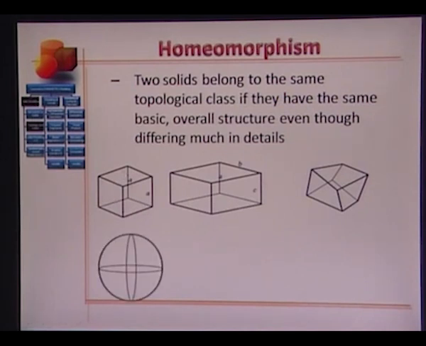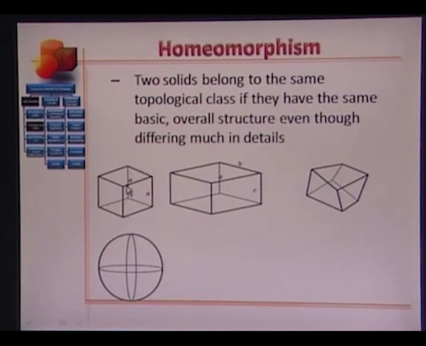Question: is a sphere homeomorphic to a cube? The answer is, of course, yes. How is that so? Well, since distortion is allowed, one can distort all the edges and all the faces such that they form portions of the spherical surface. The other way to look at this is to consider this cube to be like a balloon.